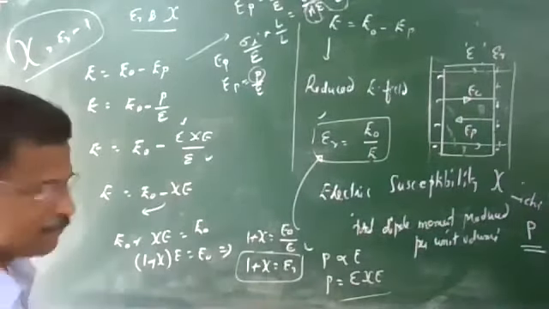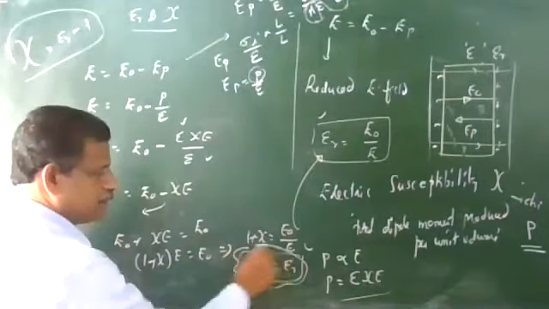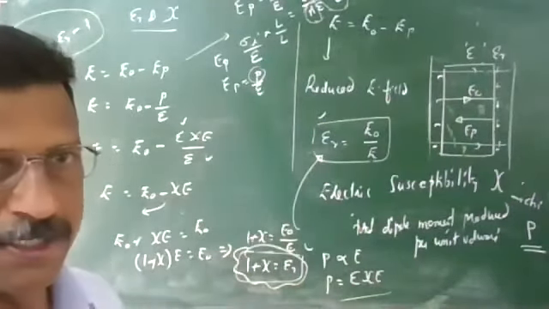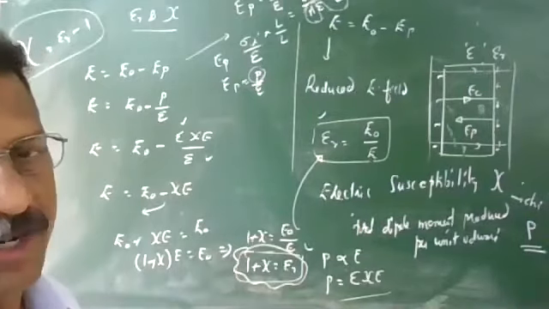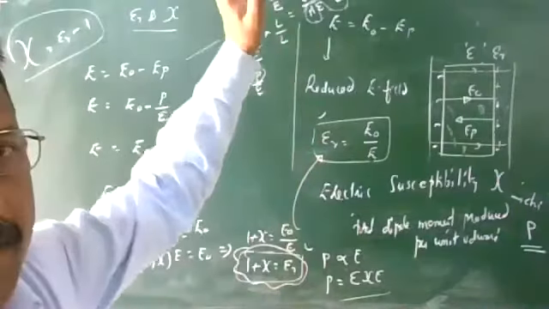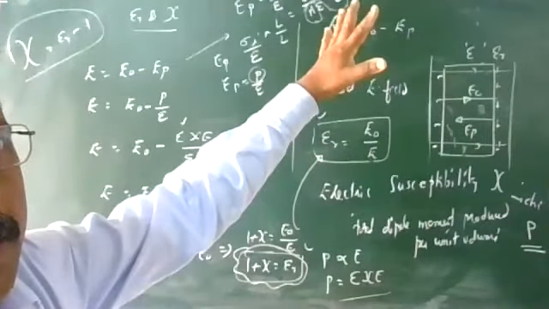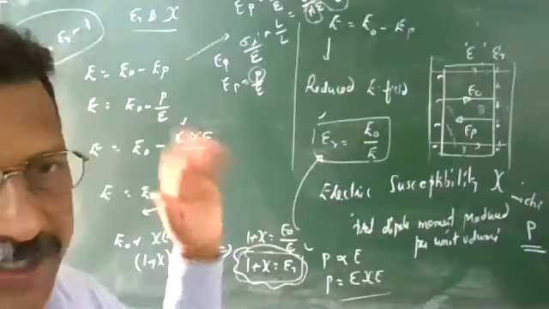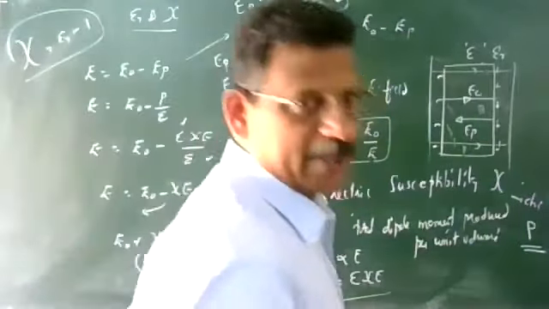This is the equation. Susceptibility and epsilon r have no unit, it is a number. The greater the number, the faster it will be polarized. That is the meaning of electric susceptibility. So this is the behavior of a non-polar dielectric slab when you place it in an external field. So we say that this is the behavior of a dielectric.